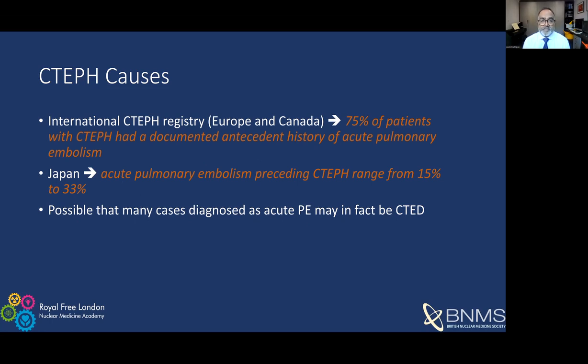There's also a little bit of discussion as to whether actually a lot of the patients that are presenting with acute PE initially may actually have already had chronic thromboembolic disease. It's not always clear to make that diagnosis or differentiation of acute versus chronic on imaging.